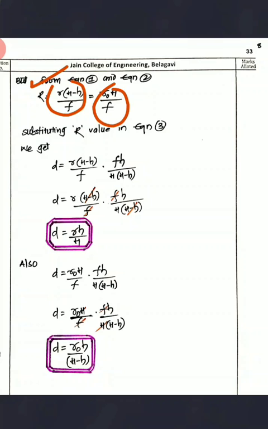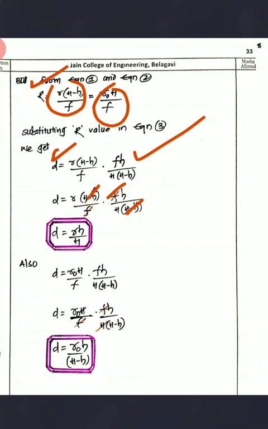So substituting the R value in equation 3, we get d is equal to r into H minus h divided by f, into fh divided by H into H minus h. Now if we write that equation systematically, this H minus h and this H minus h are going to vanish, then this f and this f are going to vanish. So I have shown here, I strike them out because both are the same term.